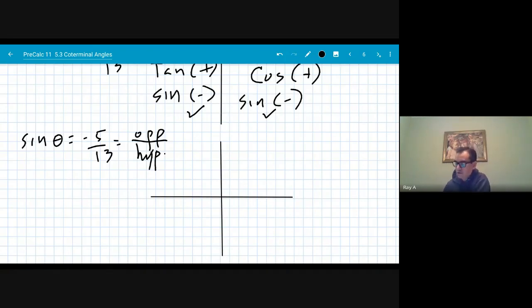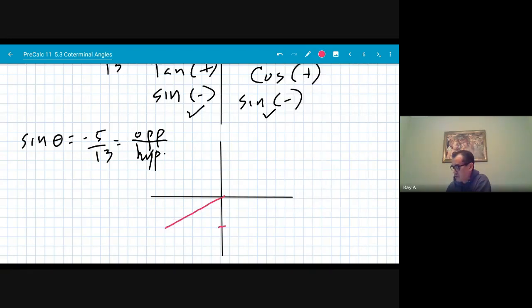Negative 5 over 13. There is a right triangle wherein your opposite side is negative 5 and your hypotenuse is 13.